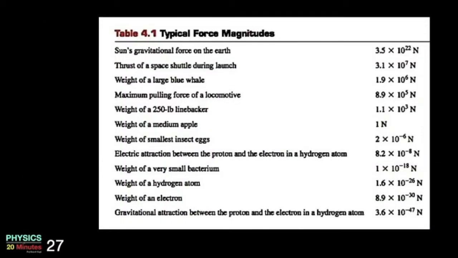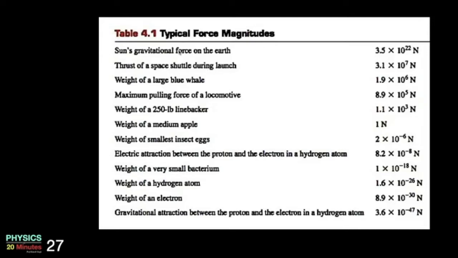Forces span large magnitudes. We know that Newton is the unit of force, and you can see that the sun's gravitational force on earth is enormous. Look at the power of 10: it's 10 to the power 22 Newton.